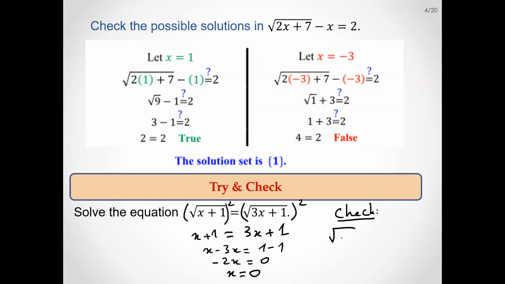If x is 0, I get root 1 on one side, root 1 on the other side. So it's validated. Of course, S is {0}. So this is the solution. It's validated because when I replace it here, I get 0 plus 1, 3 times 0 plus 1, and 1 equals 1.